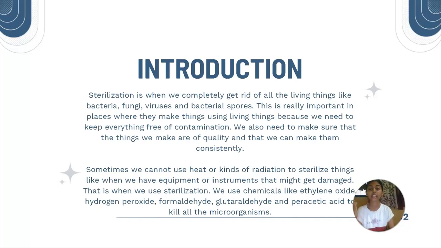We can use chemicals like ethylene oxide, hydrogen peroxide, formaldehyde, butyraldehyde, peracetic acid, and also the most common one, alcohol, ethanol 70%, which is most commonly used for killing microorganisms.